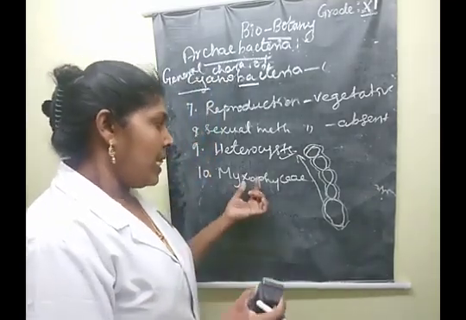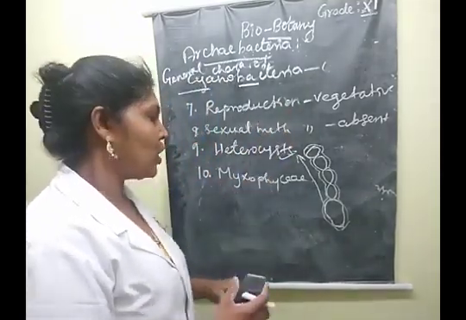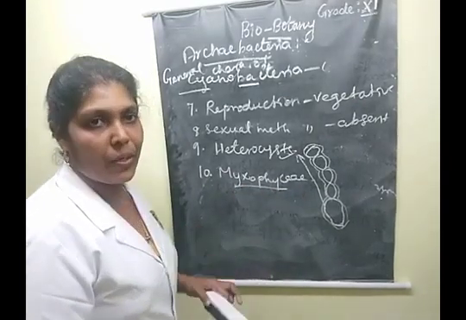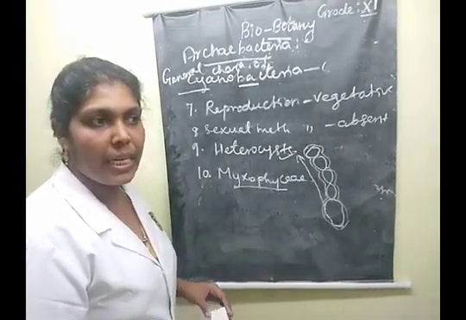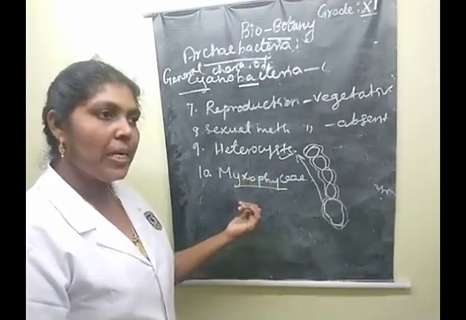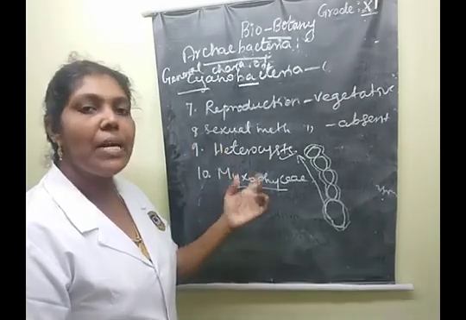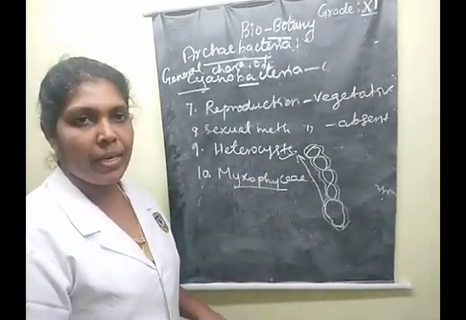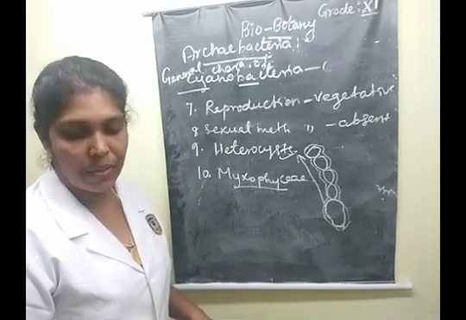That's why the Cyanophyceae members are called Myxophyceae. This is one of the two mark questions: what is heterocyst, and why are Cyanophyceae members called Myxophyceae. Understood?